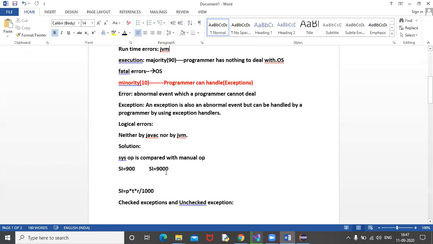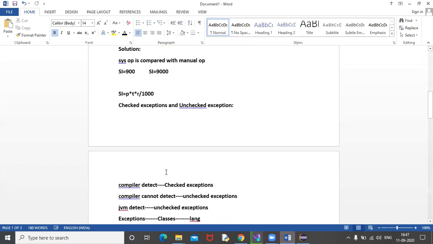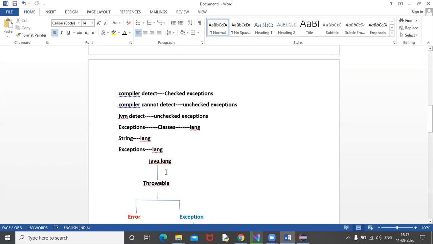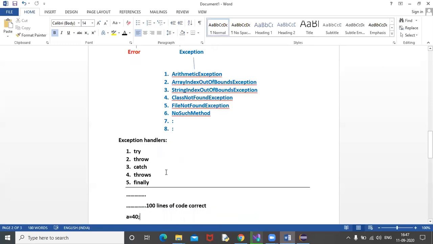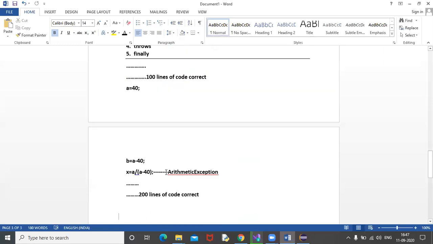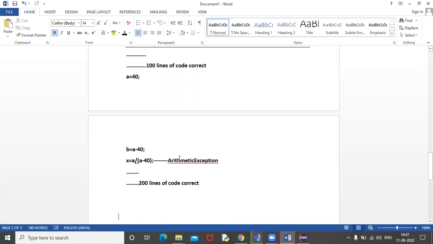But here there is no chance of getting 900 or 9,000. It is undefined, not even defined, somewhere beyond our limits. That is not an error, but an arithmetic exception.